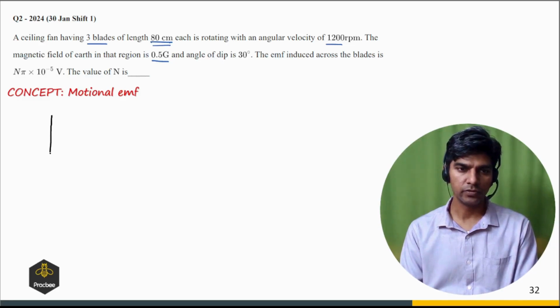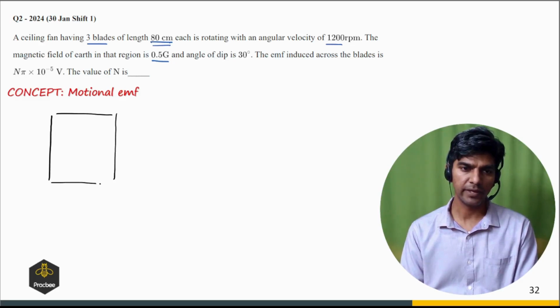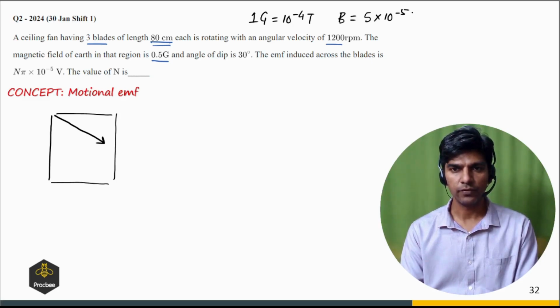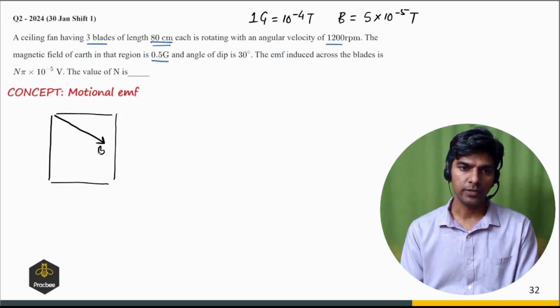So if this is the horizontal plane, which is basically the magnetic meridian, so magnetic field is in this direction, which is given as 0.5 Gauss, and 1 Gauss is 10 raised to power minus 4 Tesla. So we can say magnetic field is 5 into 10 raised to power minus 5 Tesla. So this is B, and this angle is given as angle of dip, which is 30 degrees.